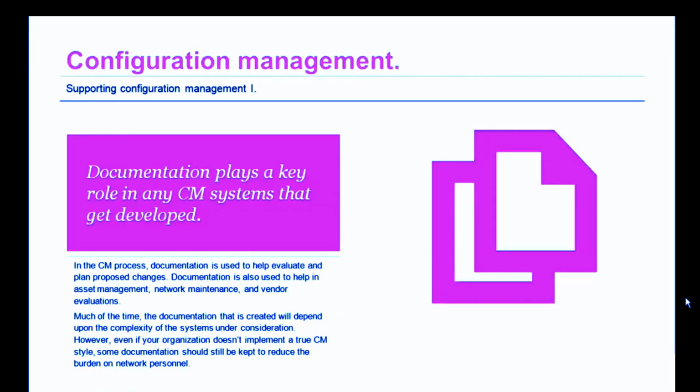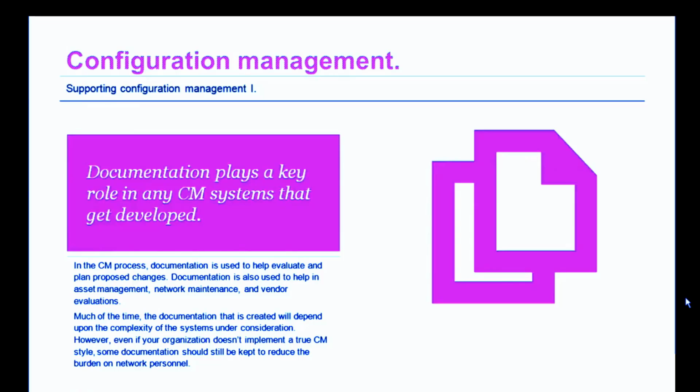Now that you know what configuration management is, let's talk about documentation. Documentation plays a key role in any configuration management system that gets developed. In the CM process, documentation is used to help evaluate and plan proposed changes. Documentation is also used to help in asset management, network maintenance, and vendor evaluations.